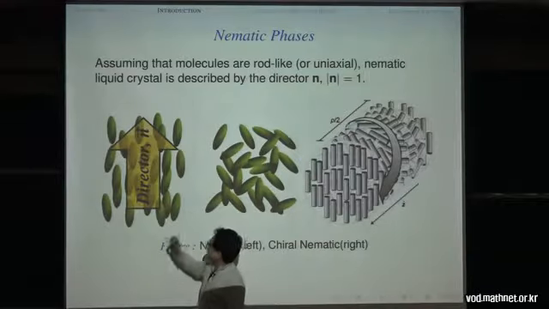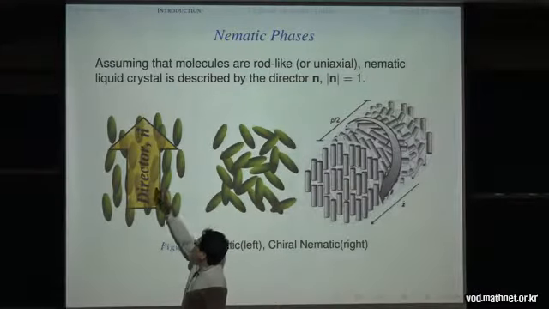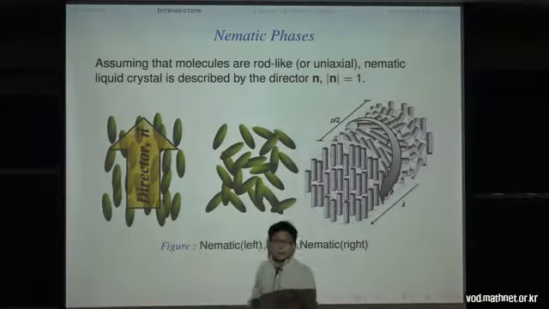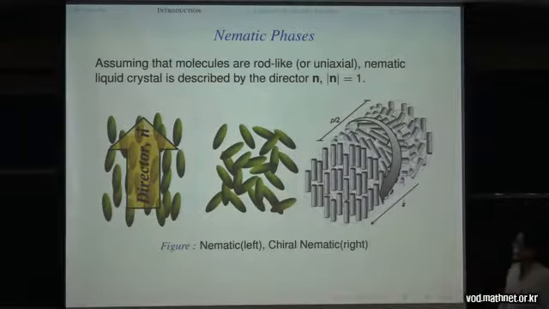At each point we look at the direction field n, with magnitude equal to 1. This is what we call the nematic phase. In this case, we consider the molecules to be rod-like, which means uniaxial. You can look at them like sticks.